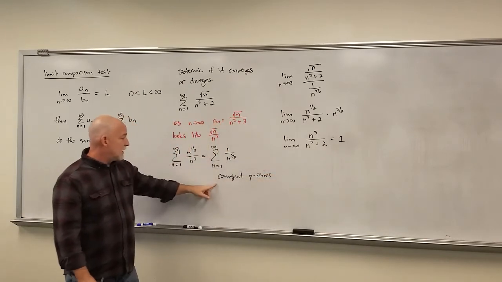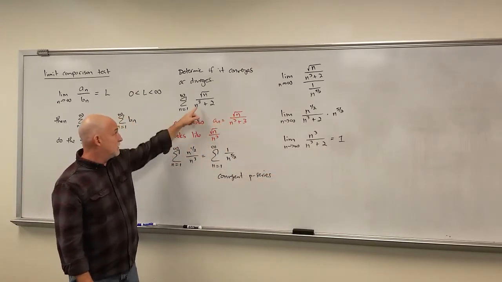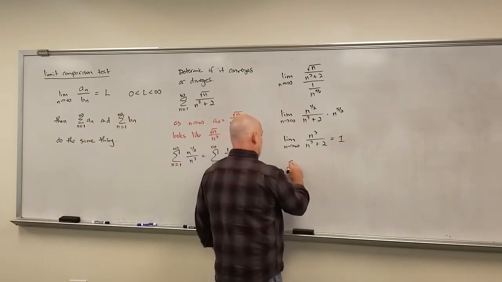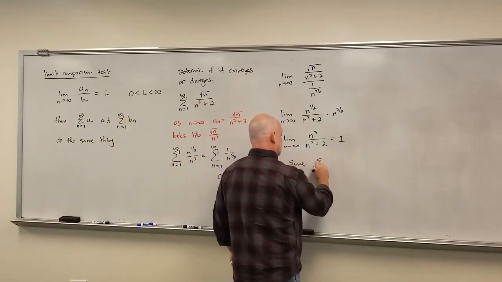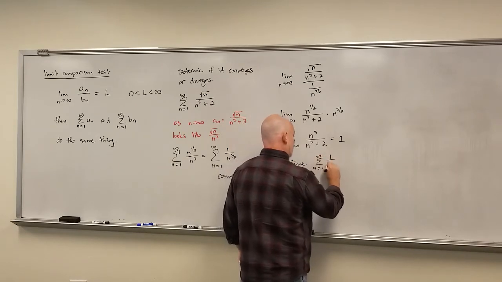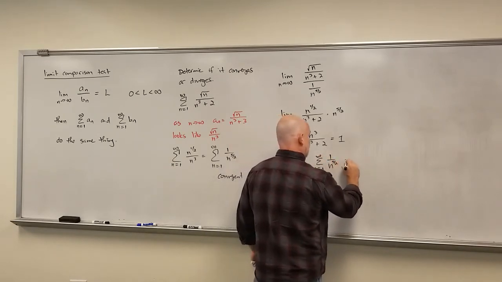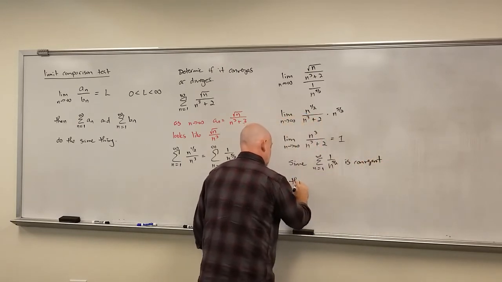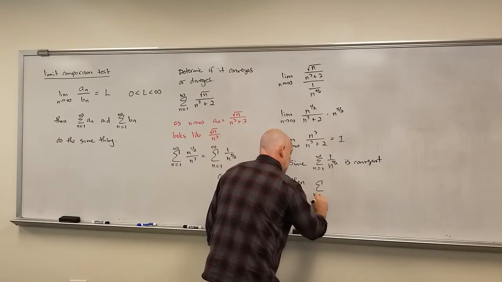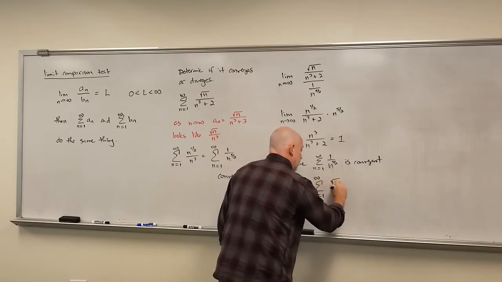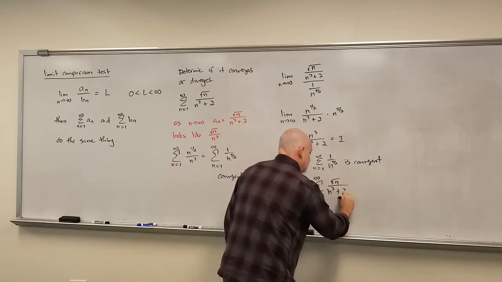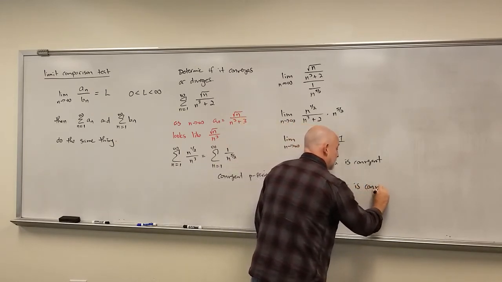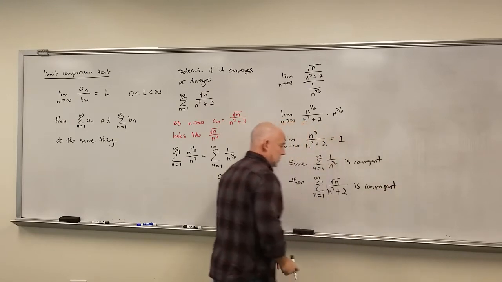So since this is a convergent p-series, that means that this has to also be convergent. So since the sum n equals 1 to infinity of 1 over n to the 5/2 is convergent, then the sum n equals 1 to infinity of the square root of n over n cubed plus 2 is also convergent.